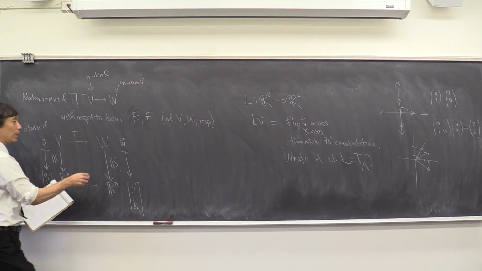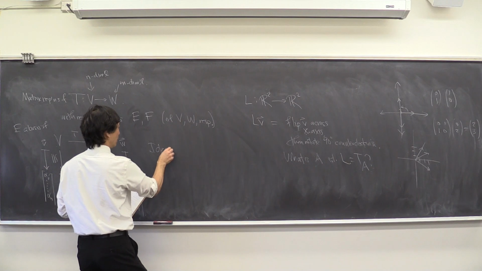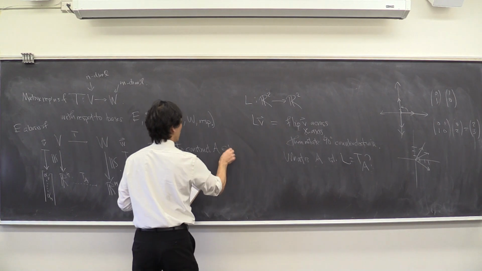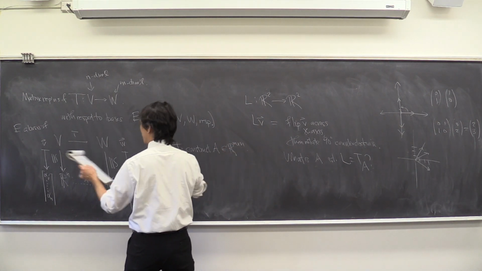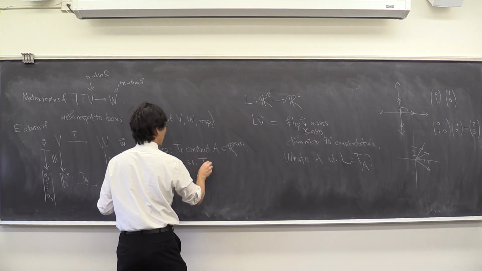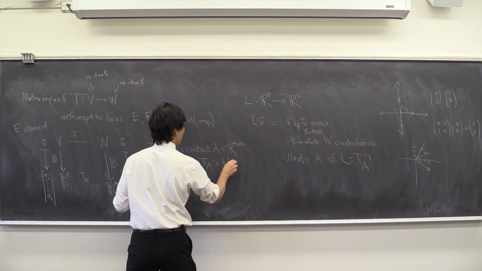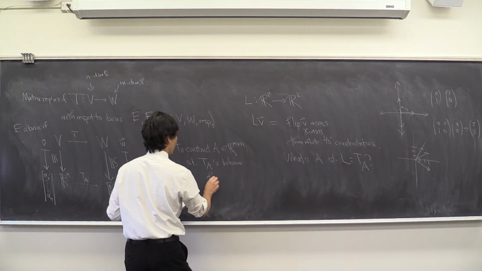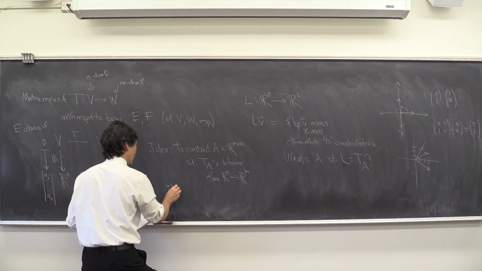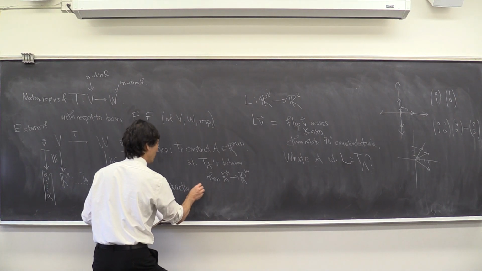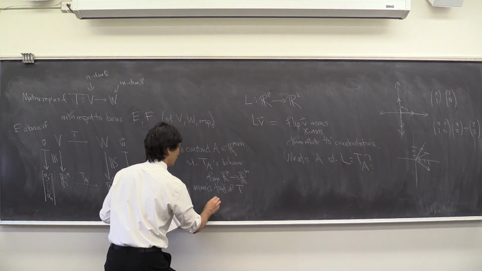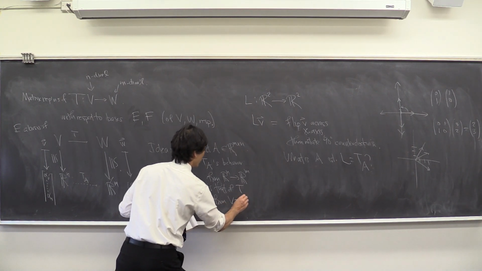So that's the idea: to construct a matrix A, look at the dimensions, such that A's behavior from Rn to Rm exactly mimics that of T from V to W.